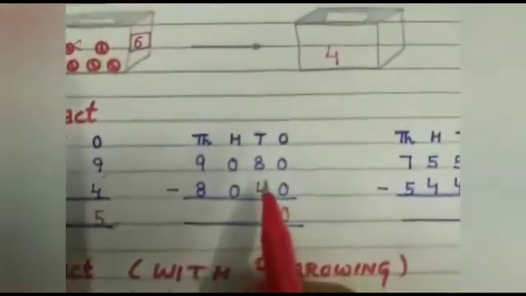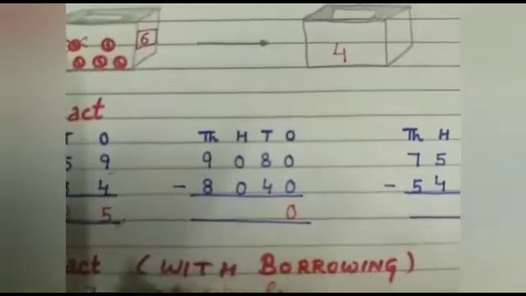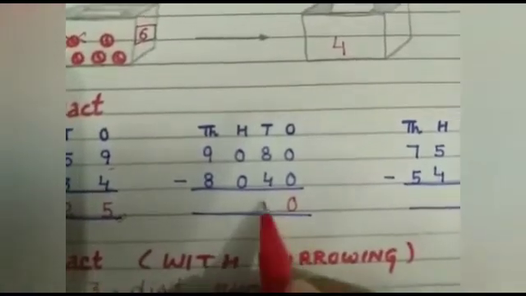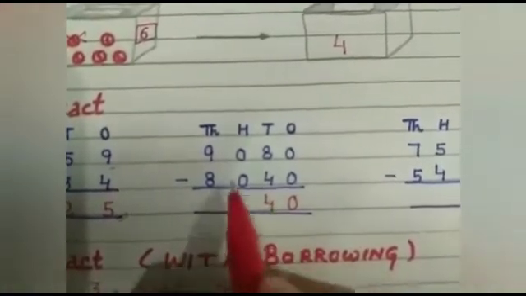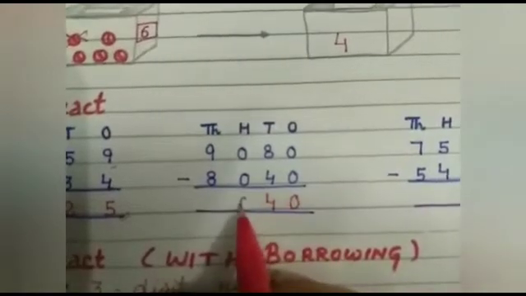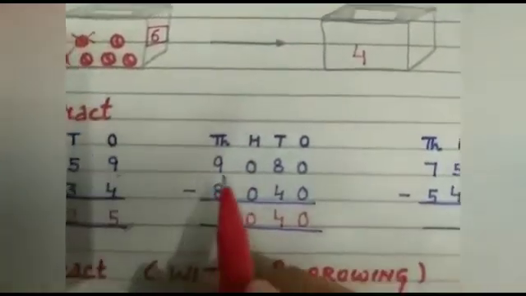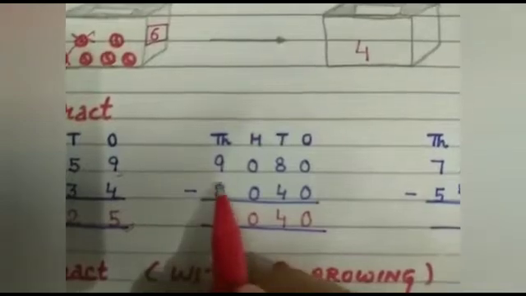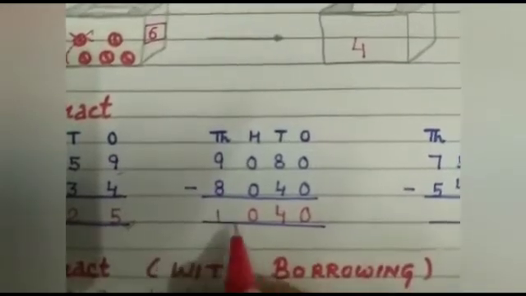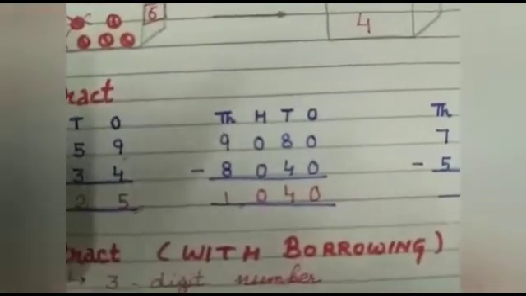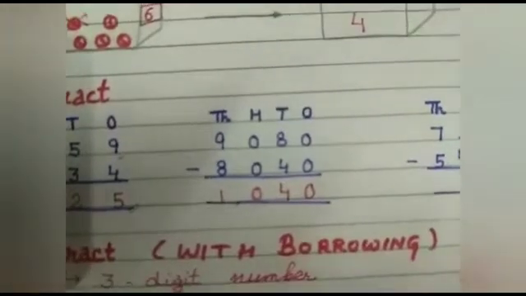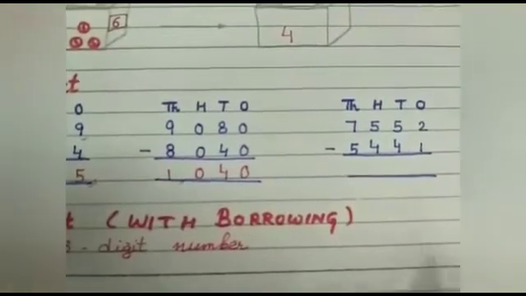Then 8 minus 4 is 4. And again 0 minus 0. Then if you remove 8 from 9, we will get 1. So the answer is 1040.